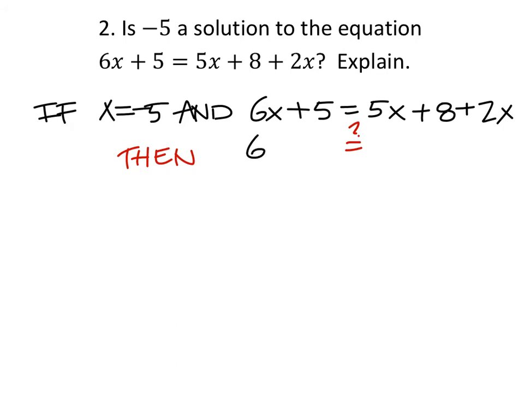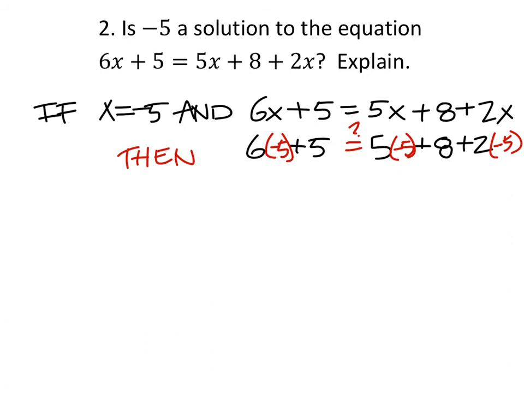I would take 6x plus 5 equals 5x plus 8 plus 2x, and I've left those x's blank so that I can replace them. And we're saying in this one that x is negative 5. Then we'll see if I get 2 equal statements.